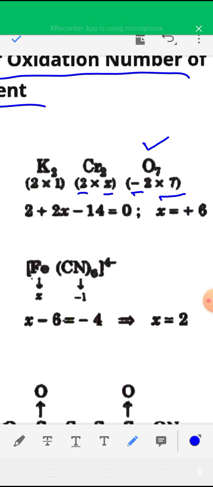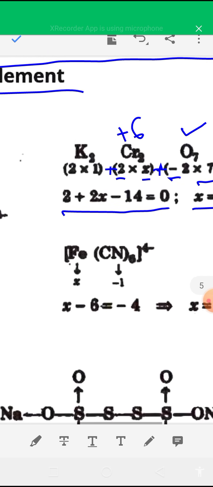So 2 into 1 for 2 potassium, plus 2 into x for 2 chromium, plus 7 into -2, total sum is equal to 0. So 2 plus 2x minus 14 is equal to 0, x is equal to +6. So in this compound, each chromium has +6 oxidation number.